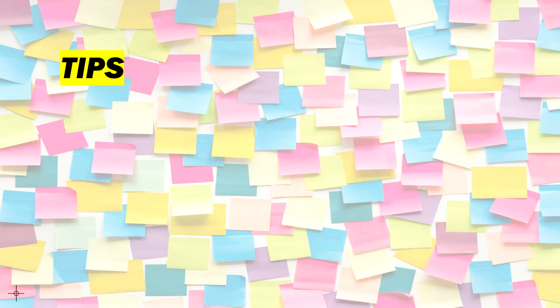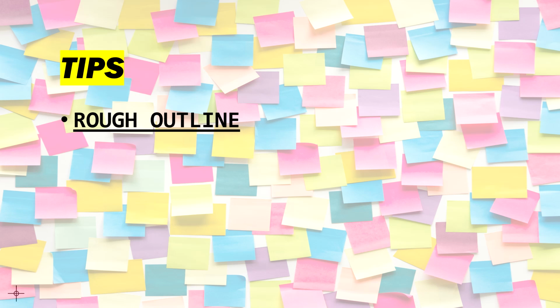So now it's time for your rough outline. You take your criteria if you're doing this for an assignment, or you take the topic of your presentation, and you put it beside you, and you take a piece of paper, or you do this roughly on a Word document, and you make a rough outline.